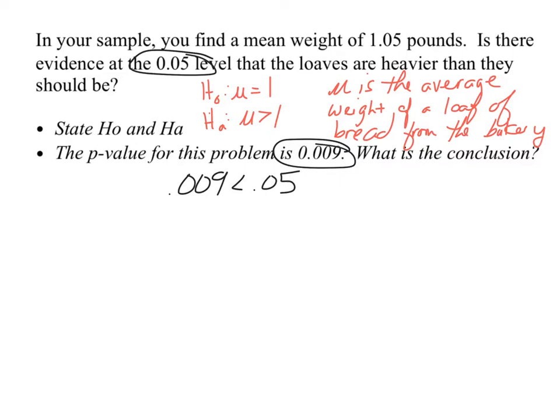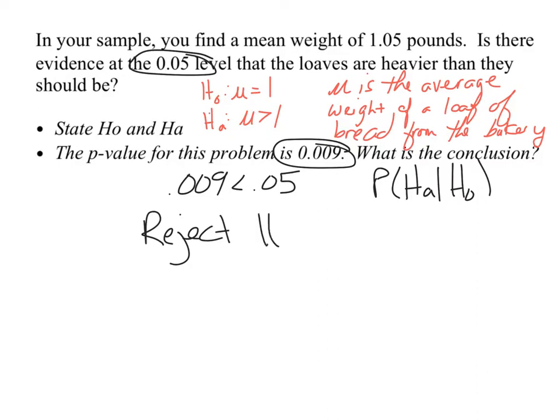And remember, the meaning of a p-value, it is the probability of our sample's occurrence, like the alternative's occurrence, if the null is true. And if that's really low, which it apparently is, our idea is that the null is probably not correct. So we would reject the null in this case.